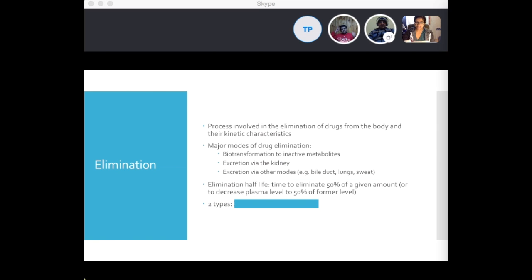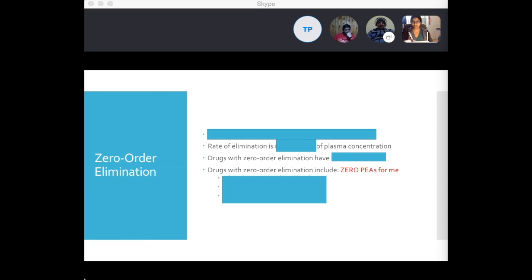And as Yash had previously given the answer to, there are 2 main types of drug elimination, zero order and first order. So we are going to start with zero order. What is happening to the amount of drug?